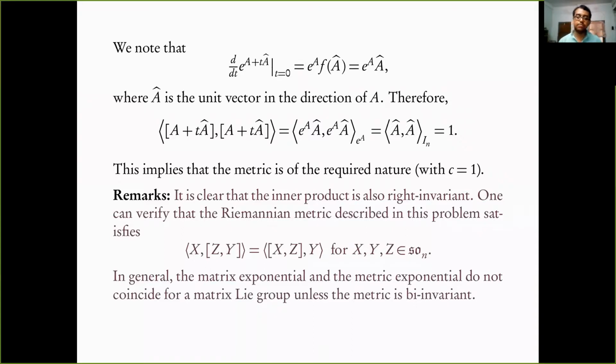We will not be able to talk about that in this course, but maybe we'll talk about the curvature of a Lie group which has a bi-invariant metric. That is going to be more relevant for us. So can I move on to the next slide, the next question, if there are no questions on this particular problem?